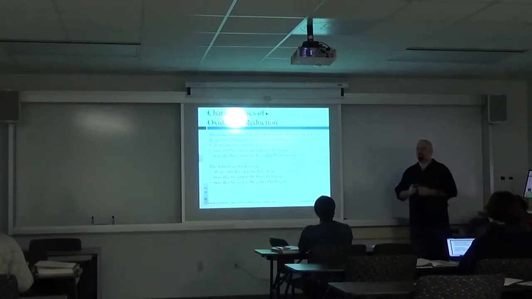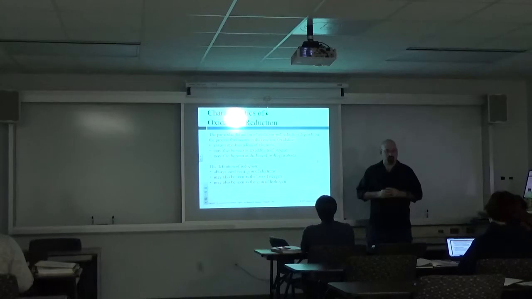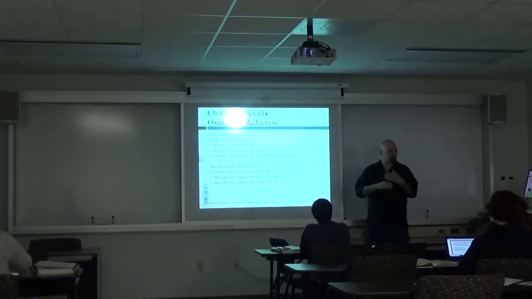Oxidation reduction is one of those things that I have seen students previously have a hard time understanding conceptually. I'm not really certain why, but it's an easy thing, I guess, to get flipped around, turned around in your head. Oxidation is loss of electrons.